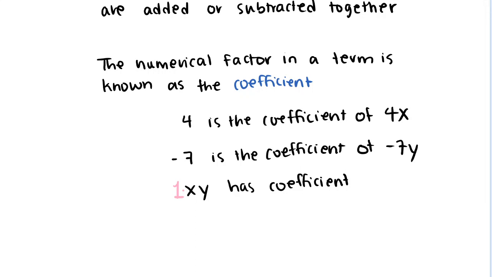So this term has a coefficient of 1. If the coefficient were 0, then 0 times anything is 0, and all of a sudden this term would be deleted. There's nothing there. But 1 times this term is the same as itself, the term we started with. And so the coefficient is 1.